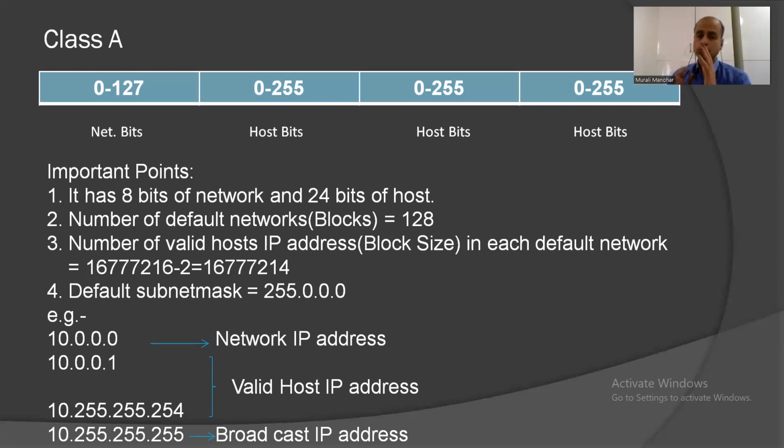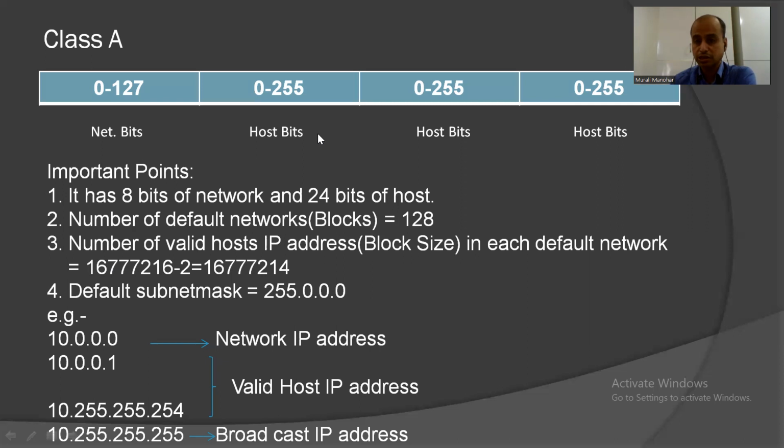But overall, the total range of class A is 0 to 127. That's why I have written that the total number of networks will be 0 to 127, which means 128. A total of 128 different networks can be formed.